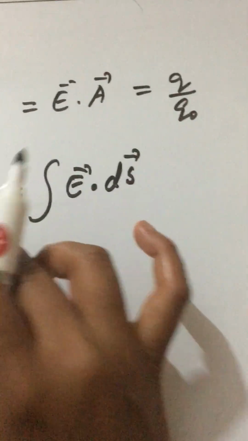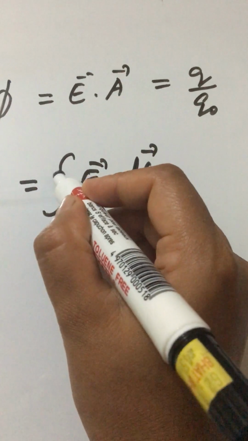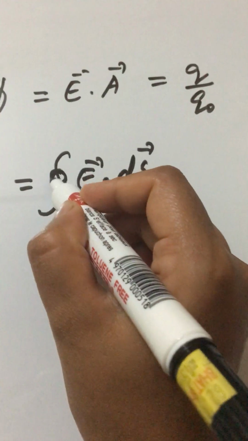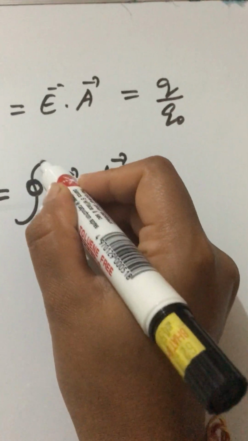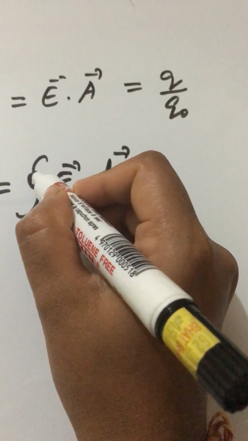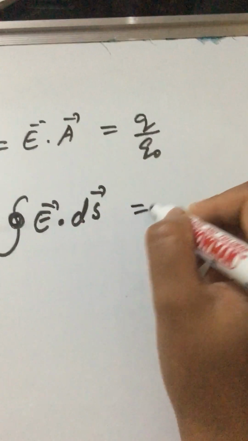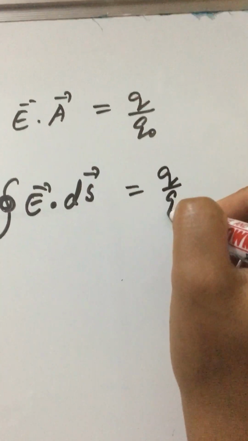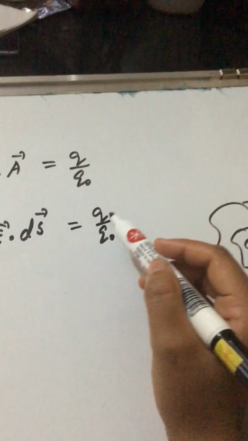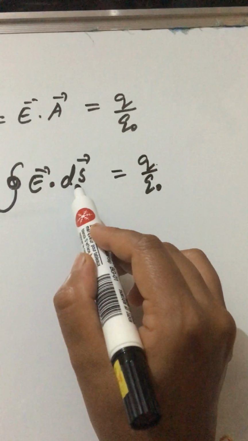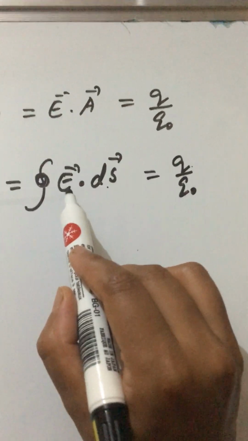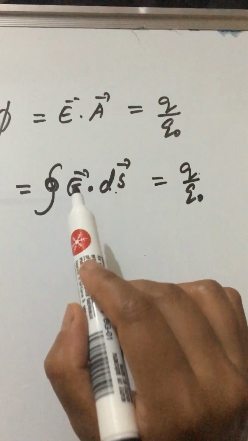As we are talking about a closed surface, the round on the integral sign means a closed surface. This is equal to this. Now if we know the charge and we know the area, then finding the electric field becomes very easy.